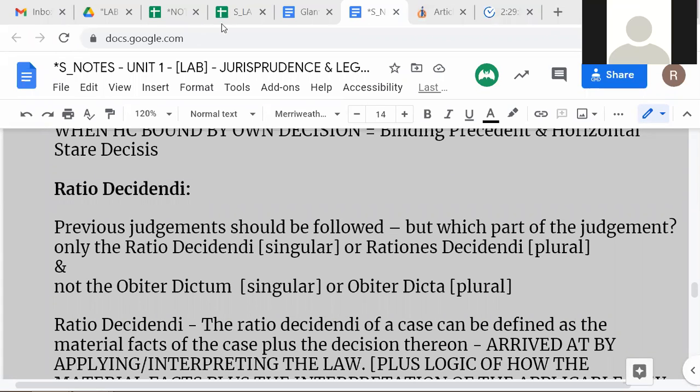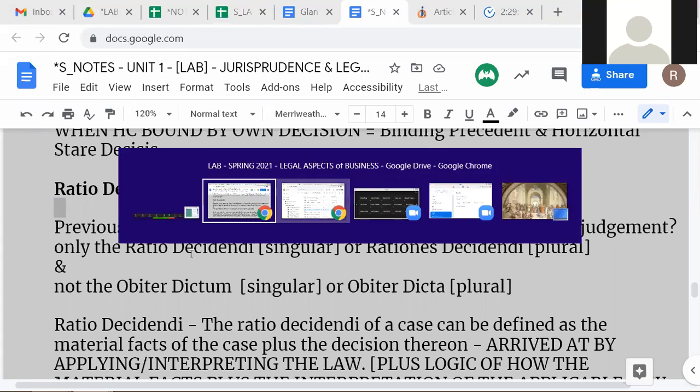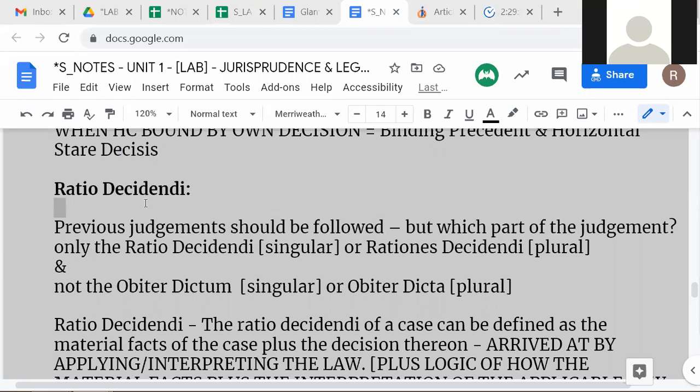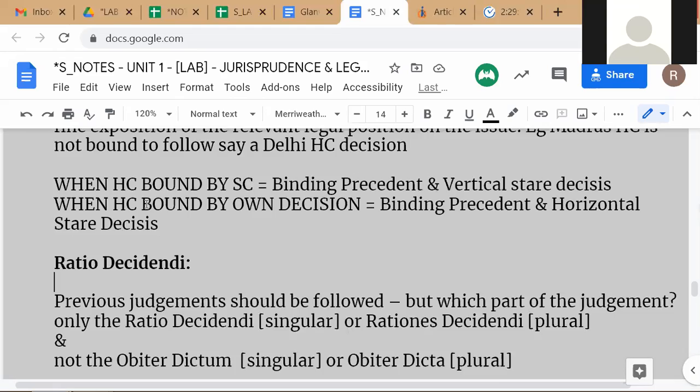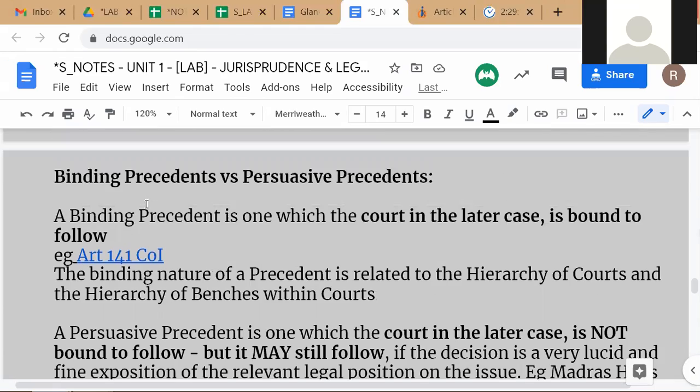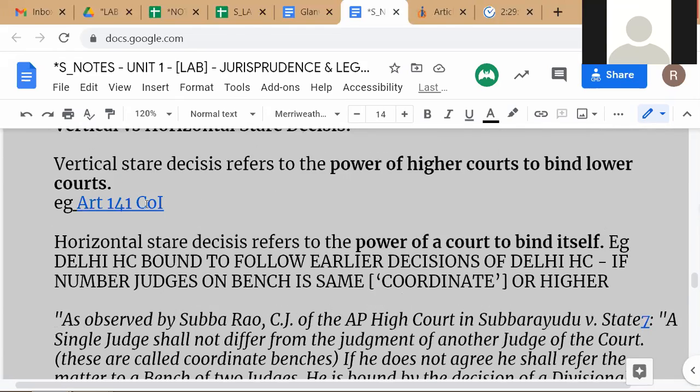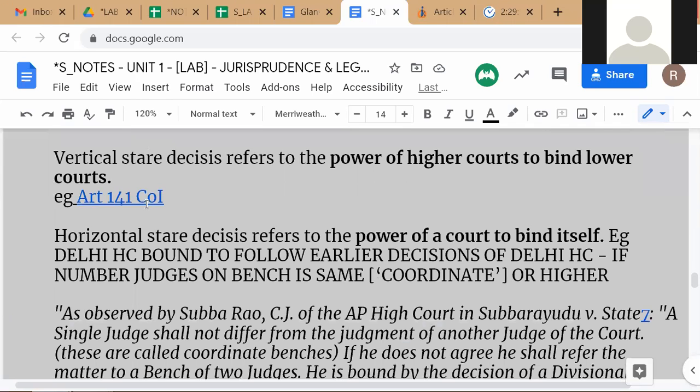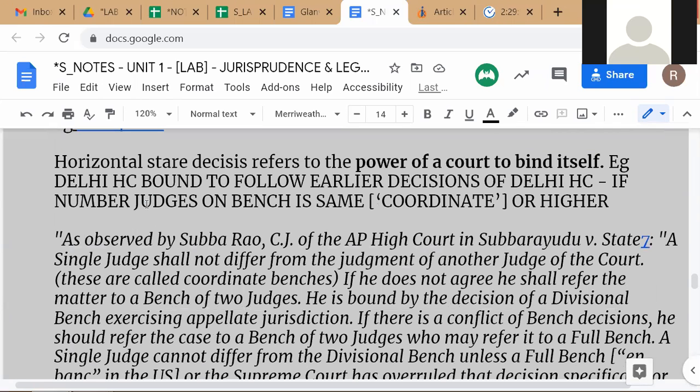I'll just explain that. So we go back to horizontal stare decisis, which is, as we said, the power of a court to bind itself.